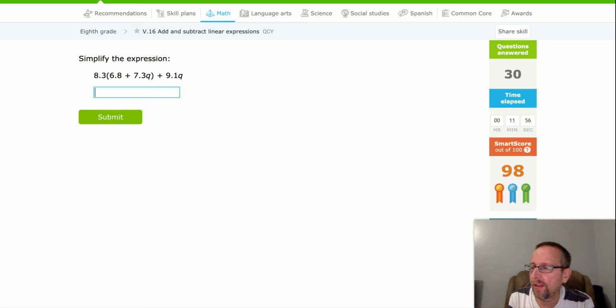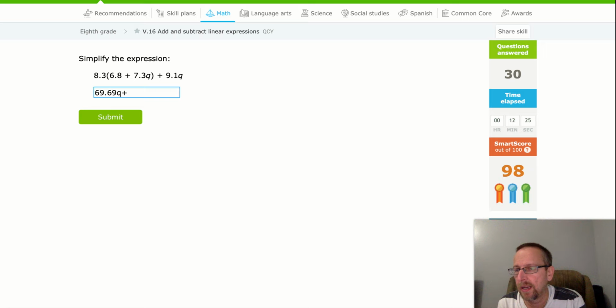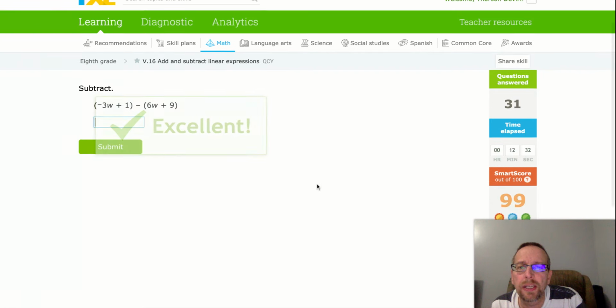So I got 8.3 times 7.3 equals 60.59q, and then I'm going to add that to 9.1q, gives me a total of 69.69q. And then I know that I'm going to get a positive when I multiply the 8.3 times the 6.8. That's those first two multiplied together, gives me 56.44. So by all means, you may use a calculator.